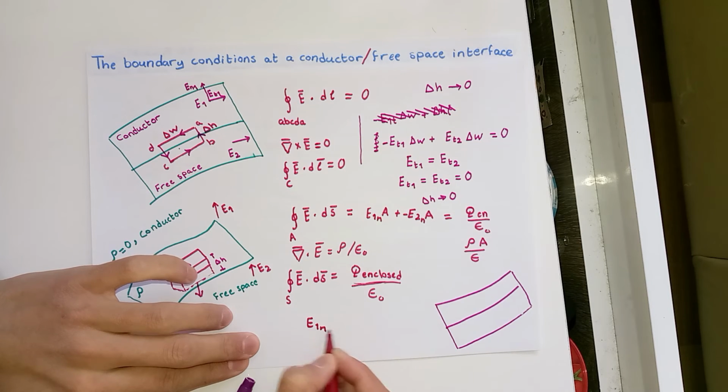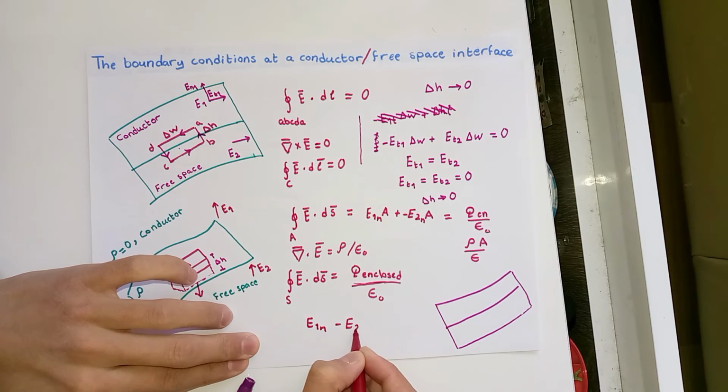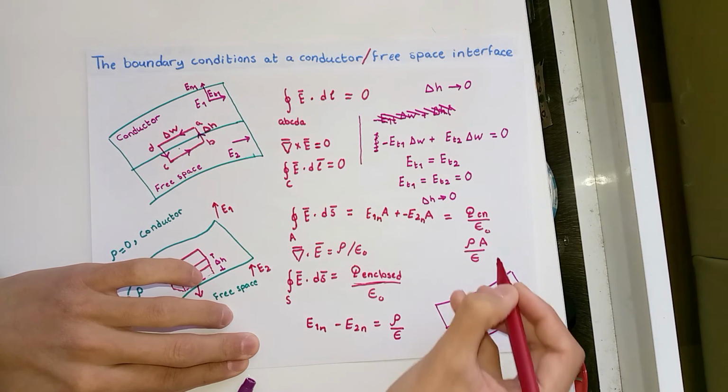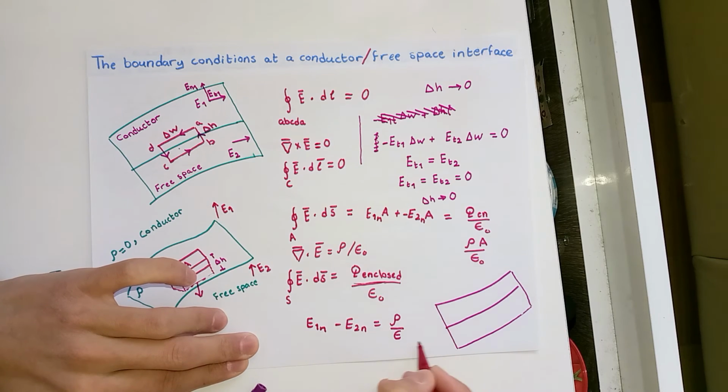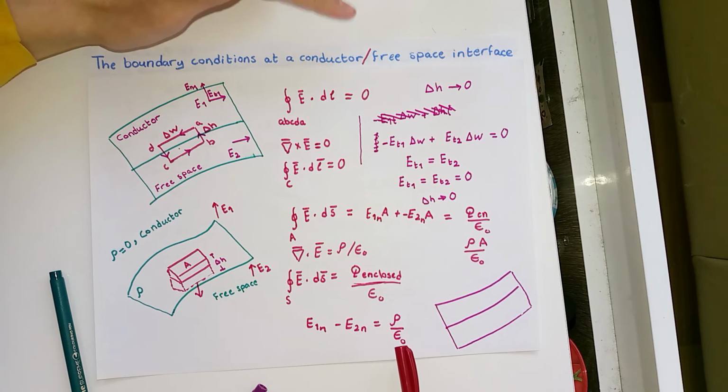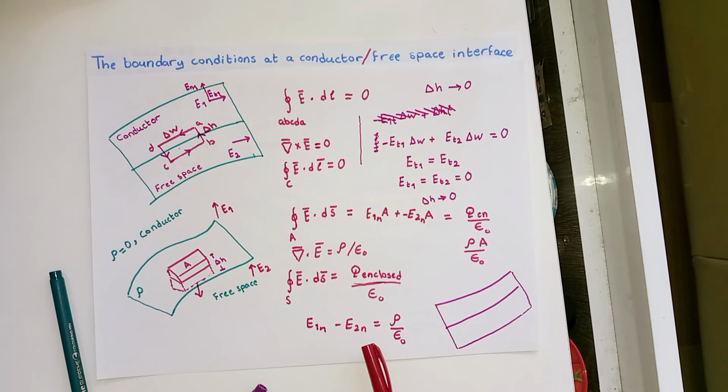And we will end up with E1 normal minus E2 normal is equal to rho divided by epsilon. And as we are in free space, we will use epsilon sub 0. And from this we conclude that the normal components of the electric field at the interface between conductor and free space are not continuous.